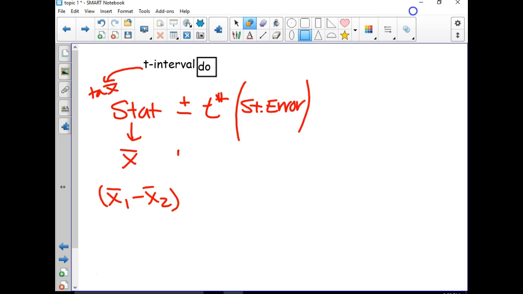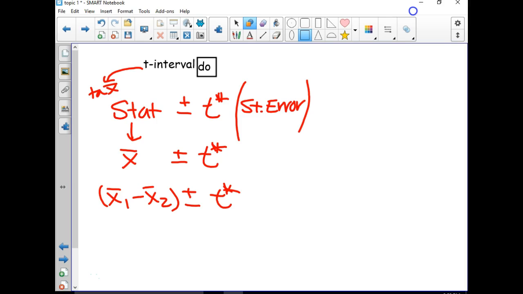Plus or minus T star times the standard error. Where does the standard error come from? Again, you go to your page 5 and you look at, I'm dealing with means now, so it's either the one sample one or the two sample one, and you plug your values in. Okay?